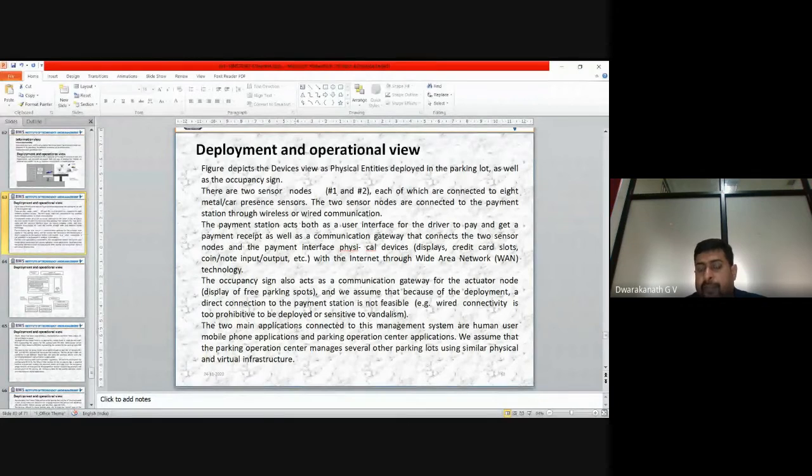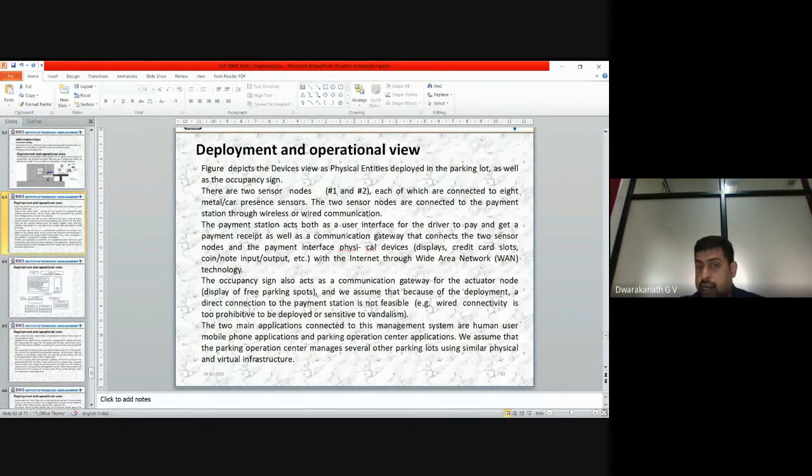The two main applications connected to this management system are human user mobile phone applications and parking operation center applications. They can book online, as I told you in the previous class, while leaving home itself. That means in a parking stage, how many are free now? If you book from home itself, how to book that?